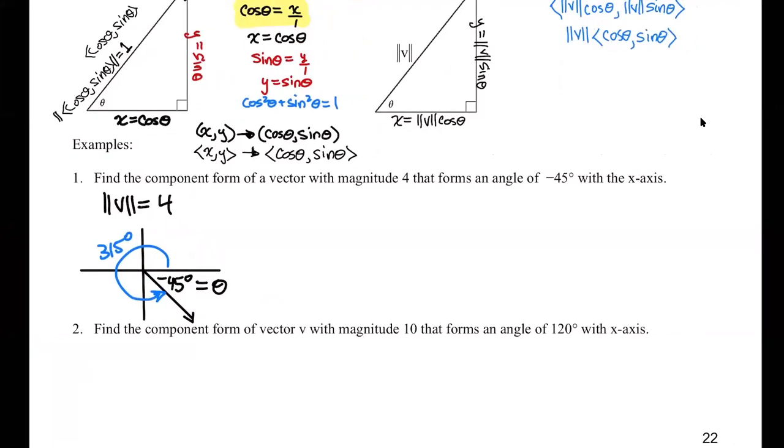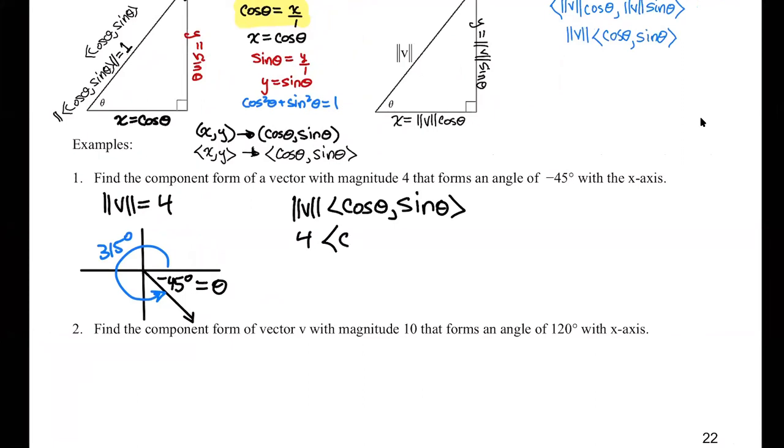So if I want the component form, I'm looking at the magnitude of v times cosine theta, comma, sine theta. So 4, magnitude should be positive, so we don't have to worry about it being a mysterious negative value. If there are going to be negatives in your coordinates, they're going to come from the cosine theta, sine theta computation.